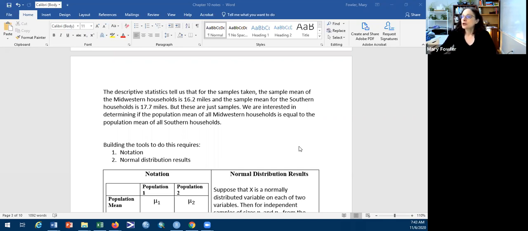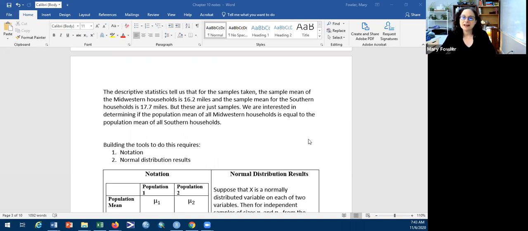So the question boils down to: is the difference between 16.2 and 17.7 small enough to be explained by the inherent variability in the system, or does it really indicate a difference in population means? And how do you figure that out? Well, you look at the differences and you look at the variability. And we're going to do that by forming a test statistic.